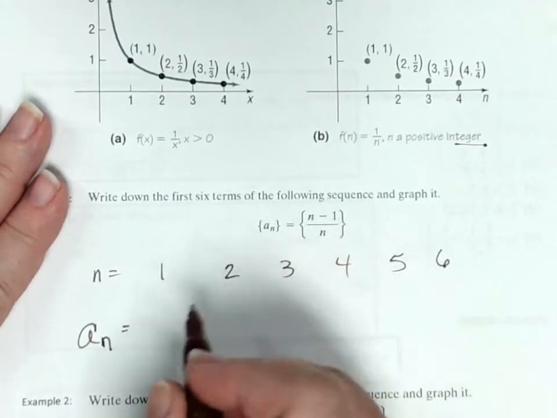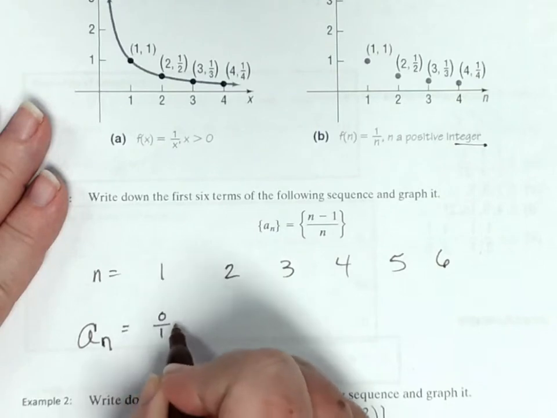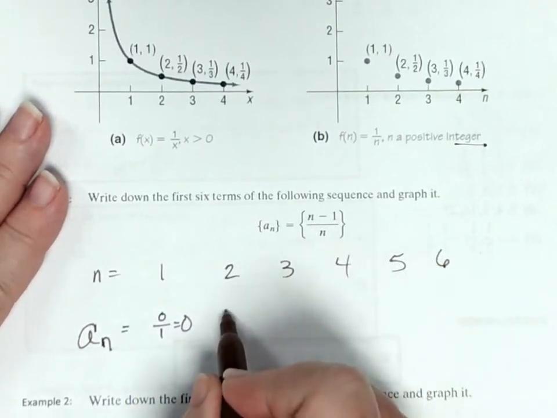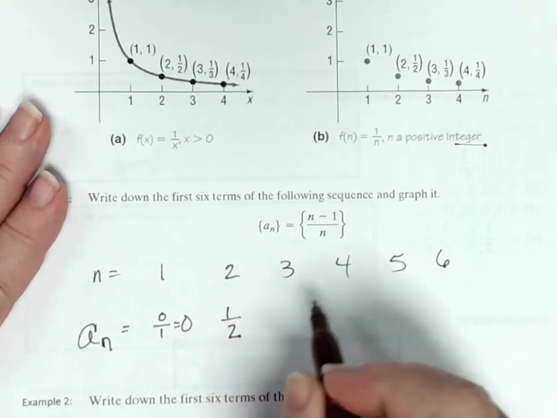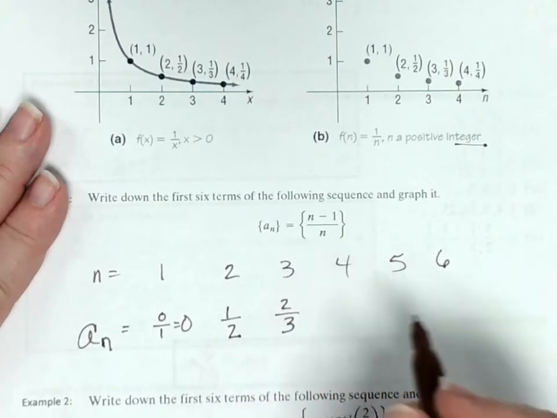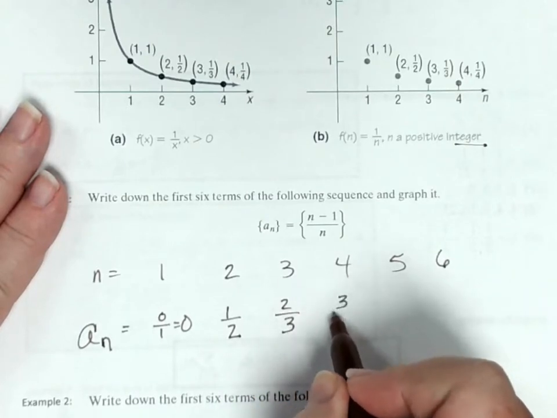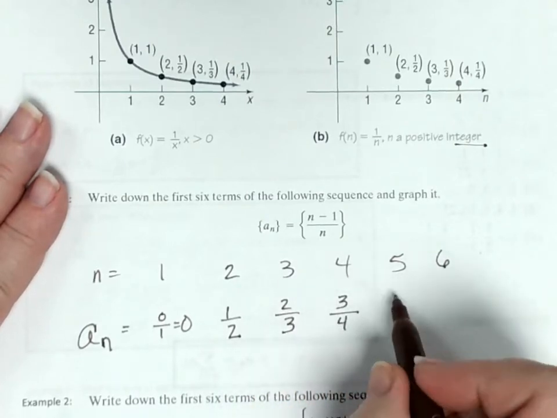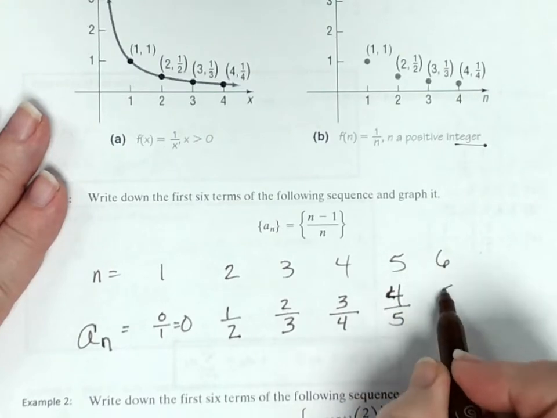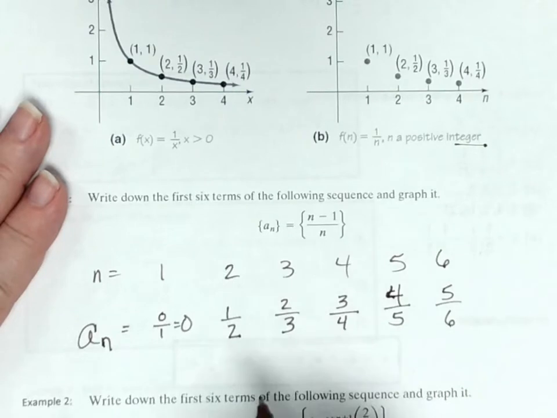1 minus 1 is 0, so that's 0 over 1, which is just 0. 2 minus 1 is 1 over 2. 3 minus 1 is 2 over 3, 4 minus 1 over 4, 5 minus 1 over 5, and 6 minus 1 over 6.